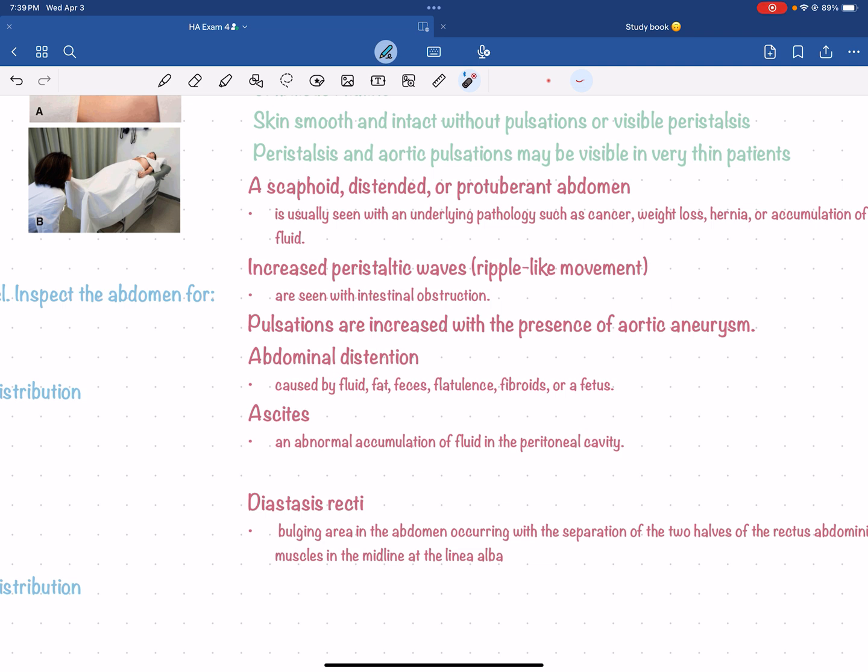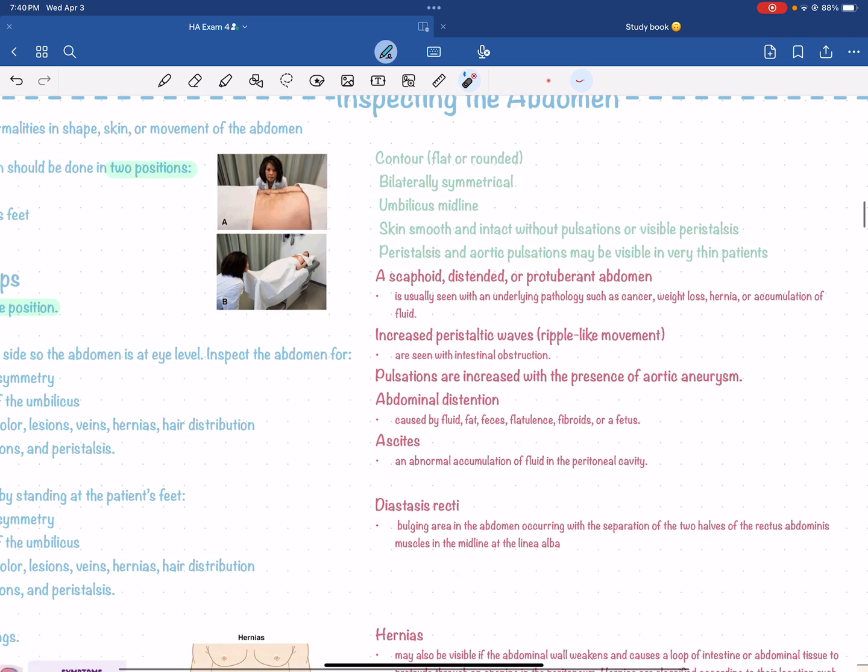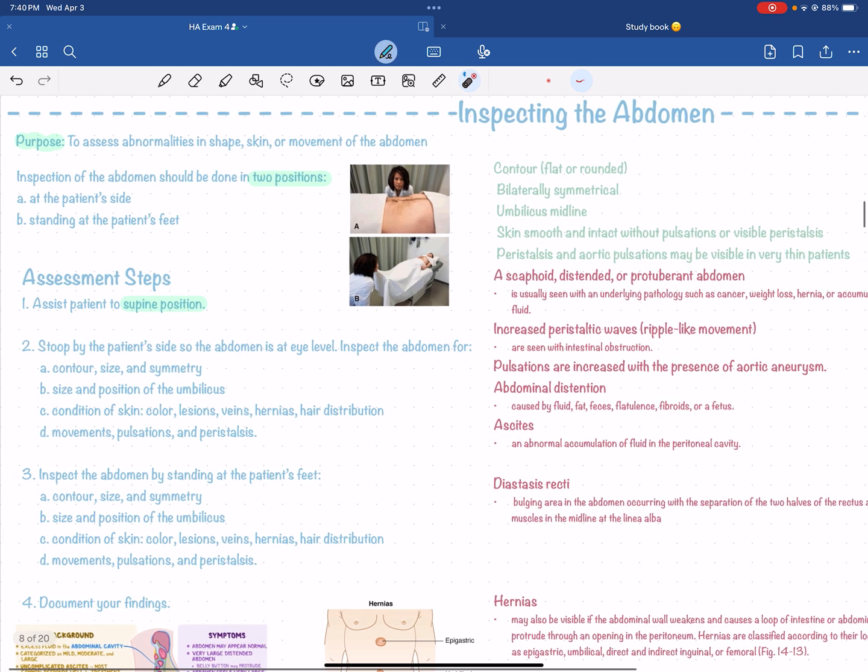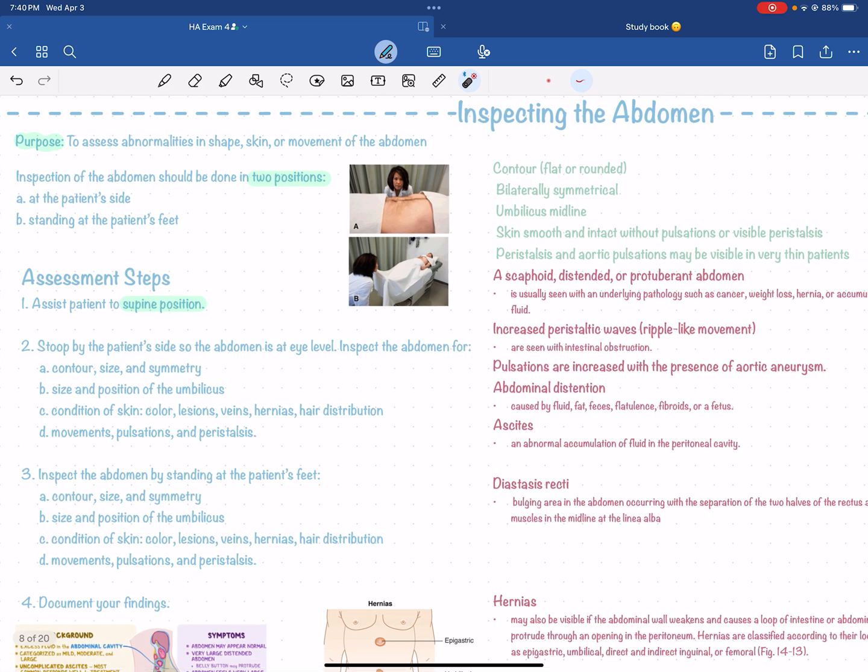This can be caused by fluid, fat, feces, flatulence, fibroids, or, if we're thinking of women, a fetus. So that will be all for our contour, size, and symmetry. We know that we want the umbilicus to be midline.